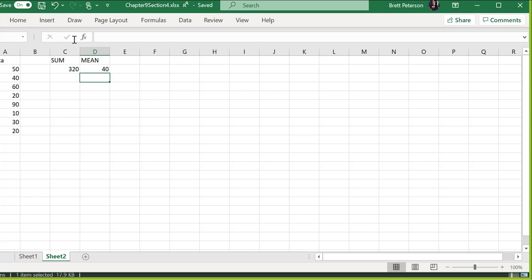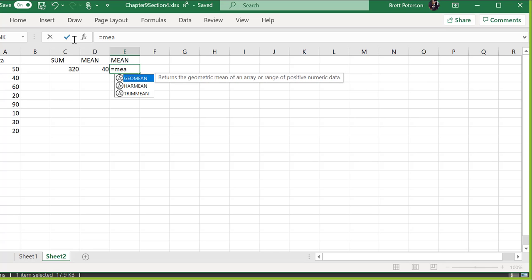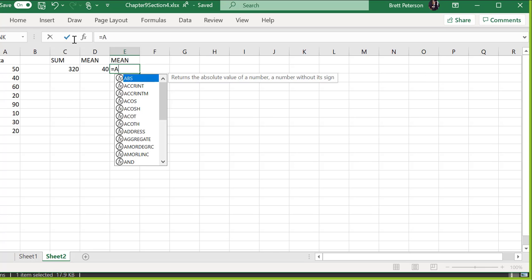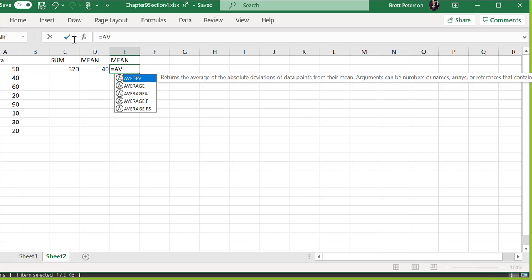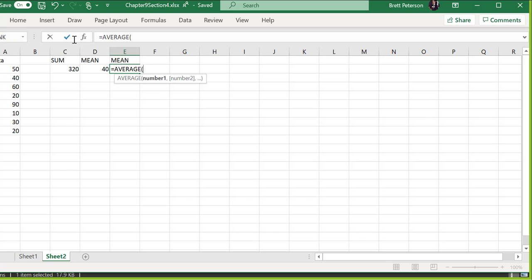So the mean of that set would be 40. Turns out that Excel has a nice formula for the mean, but they call it AVERAGE. So you just go average, and you tell it once again we want to average all of the things in column A. We do that, and we see we get the same thing.